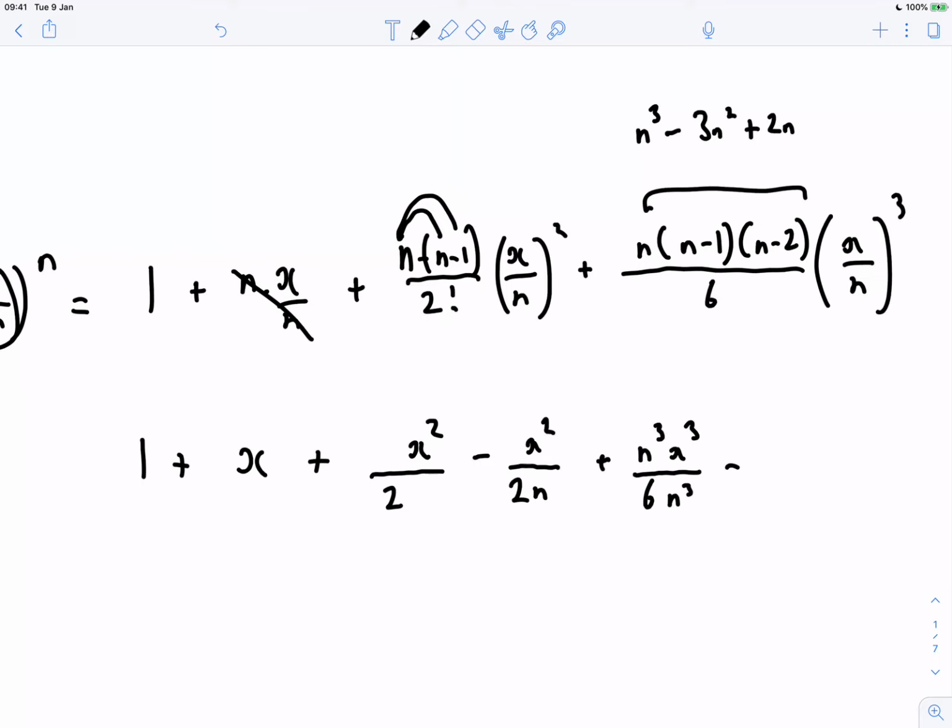The next term is going to be minus 3n squared x cubed over 6n cubed. And the final term is going to be plus 2n x cubed over 6n cubed. And if we tidy this up, the n cubes are going to cancel here and here. The n squared is going to cancel with that. The n is going to cancel. That's going to be an n squared on the bottom.